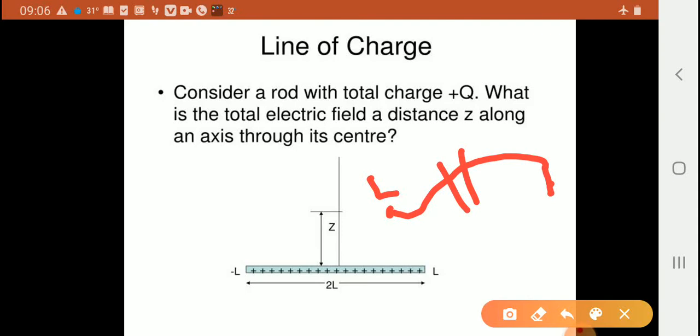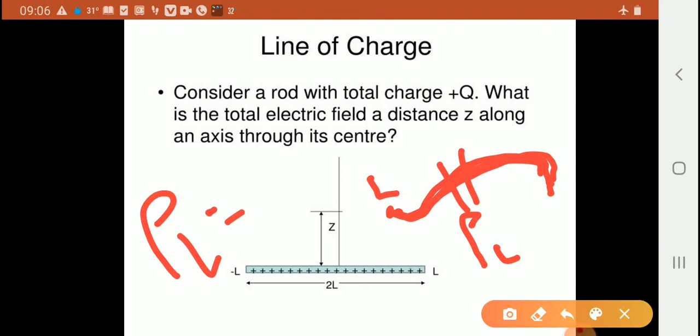The charge density is constant. In this case, the charge density is denoted by rho L. It is defined as total charge per unit length L. So rho L equals total charge spread upon length of line.